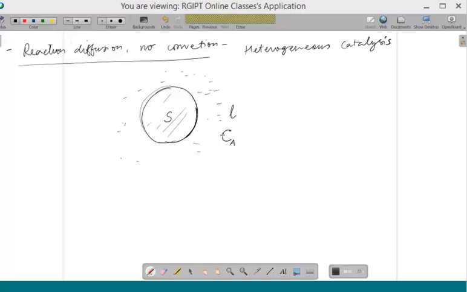If you want to achieve a larger chemical transformation of species A to B, it will be promoted provided you have more catalyst surface available. So you would like the particle to offer more and more surface area, and that is possible when you make it porous. So you have lots of pores.